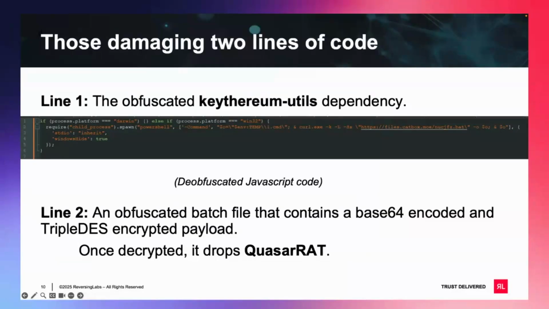This batch file was also very obfuscated, and we actually had to write a deobfuscator for it. At the end of the whole process, after we decoded and decrypted it, it would drop a QuasarRAT malware.